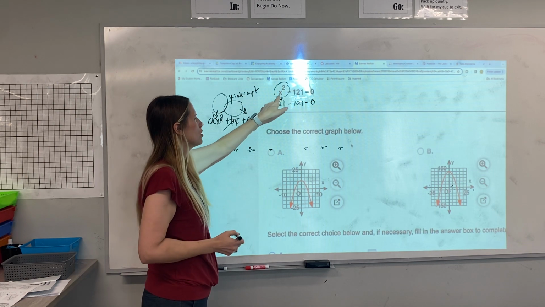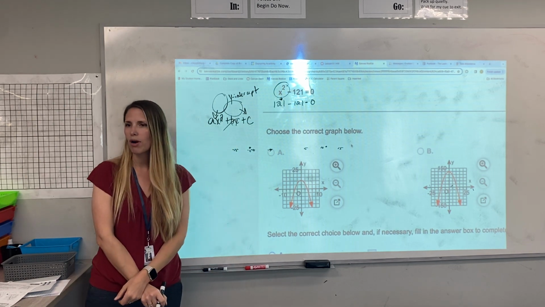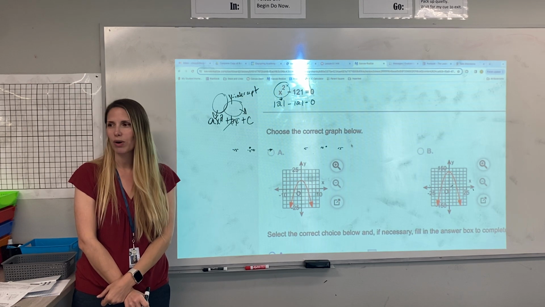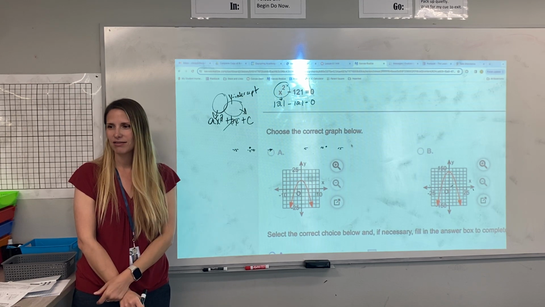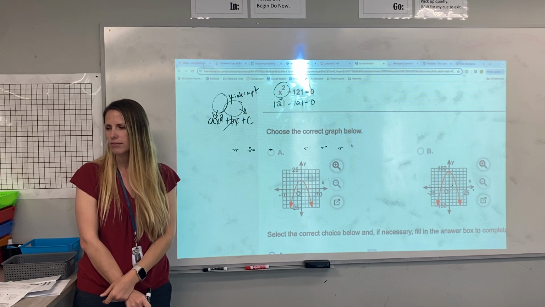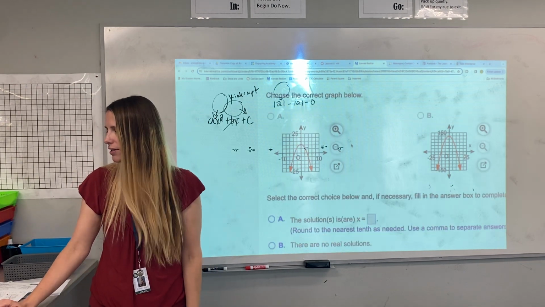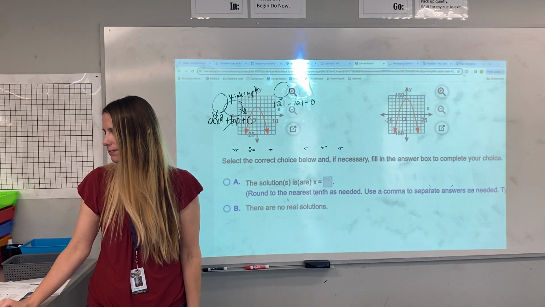What number squared will get you 121? 11. Good. What's the other number that when it's squared will get you 121? Negative 11. Does that make sense? So that confirms that our solutions are negative 11 and 11.